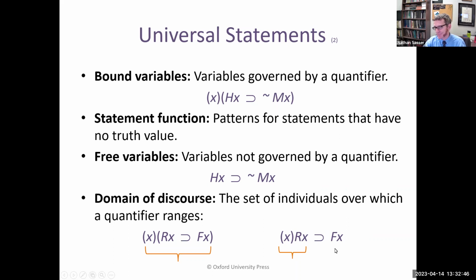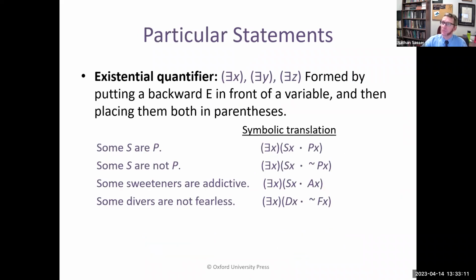So this is actually like a statement function. It's not even an intelligible complete sentence, because the quantifier only governs the Rx, not the Fx. Now, if you put parentheses around the whole compound statement, around that whole statement function, now they're all governed by the quantifier, and you've got a truth valued statement, a universally quantified statement.